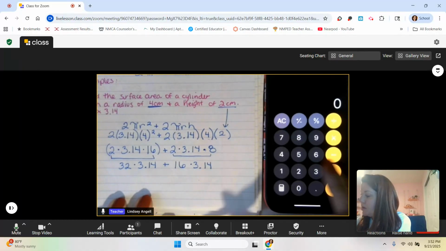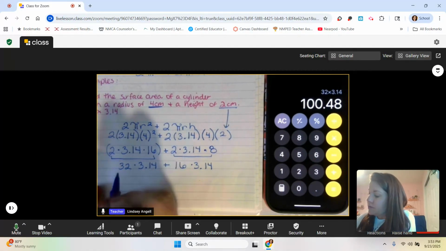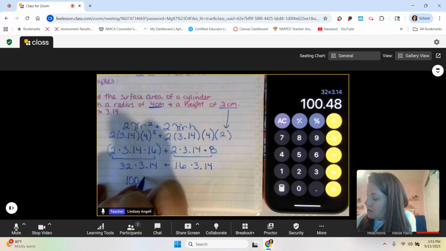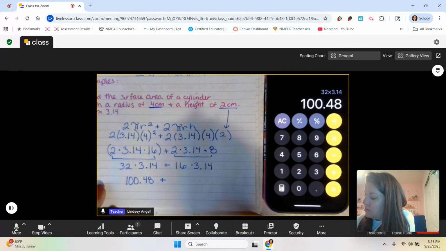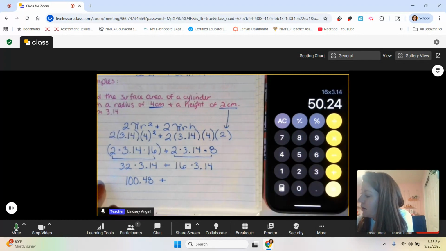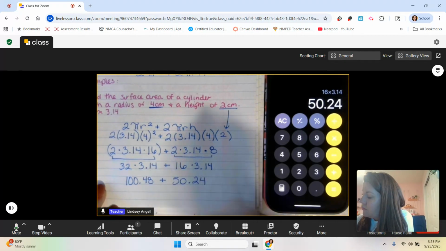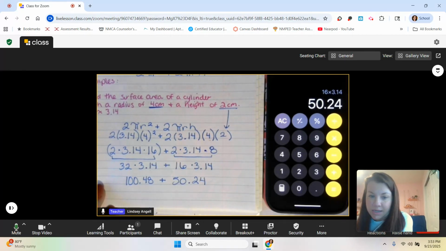There we go. 32 times 3.14, that's equal to 100.48, plus, we clear that, 16 times 3.14 is 50.24. Remember, because of the order of operations, you have to do multiplication first, and now we'll add them together.